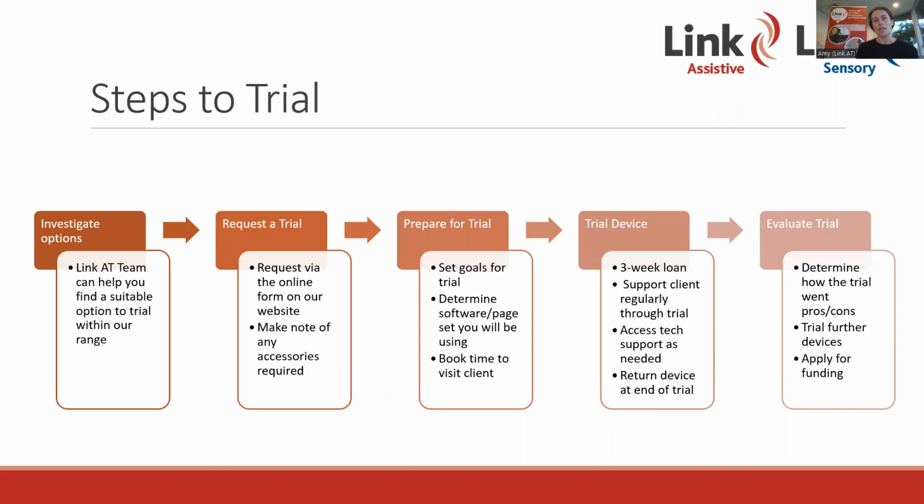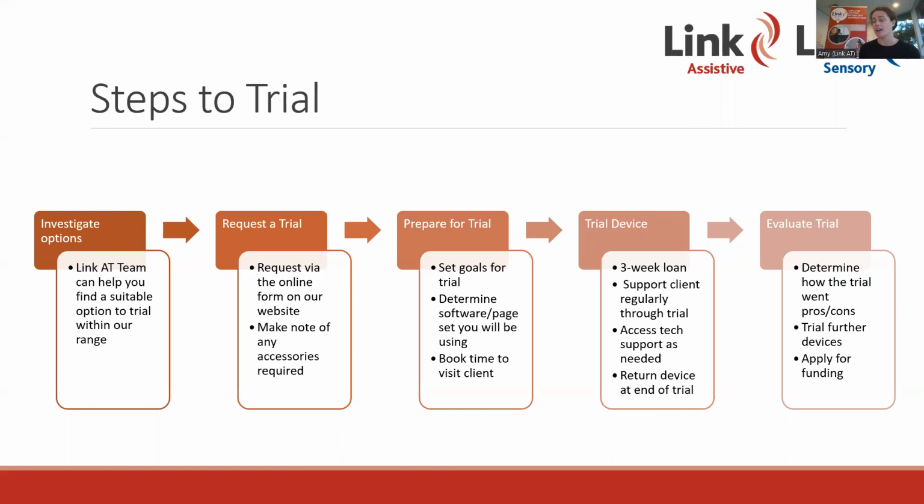We're going to talk quite a bit about preparing for trial. It's really important with these control features that we know what we want to test and we've got everything in place. You can then trial the device. As I mentioned, Link Assistive is 3-week loans. And during this trialing phase is where we really want to test out the technology, test out the device. Is it going to do what our person needs it to be able to do?